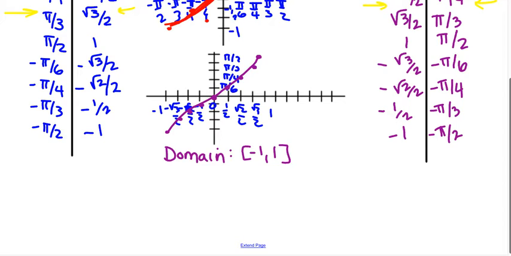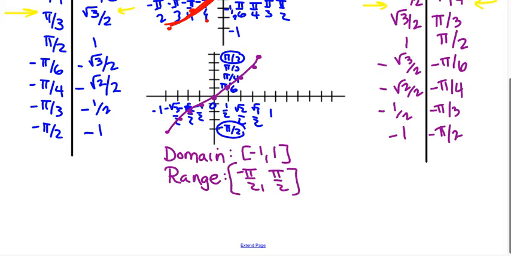And then the range is your angles, starting down here at negative pi over 2 and leading up to pi over 2. So that's what your graph should look like for y equals the sine inverse of x.